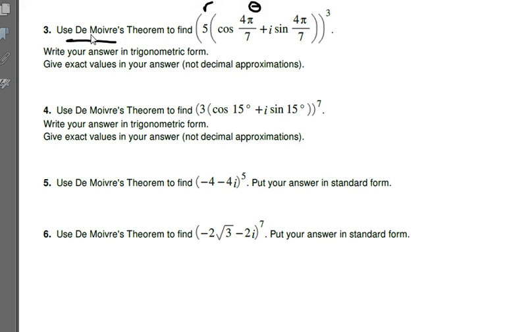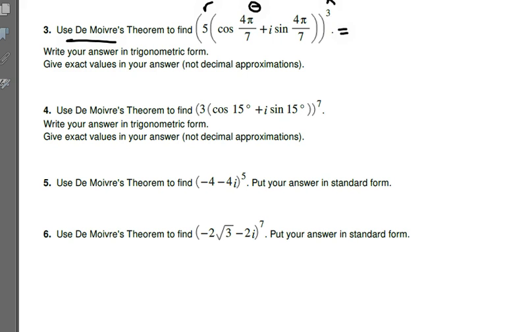So our next problem says use De Moivre's theorem to find the answer to this expression. Once again, write your answer in trig form. Now you can see here that we have a complex number in polar form, r cis theta. So 5 is our magnitude, and 4 pi over 7 is our theta. And we have it raised to the third power.